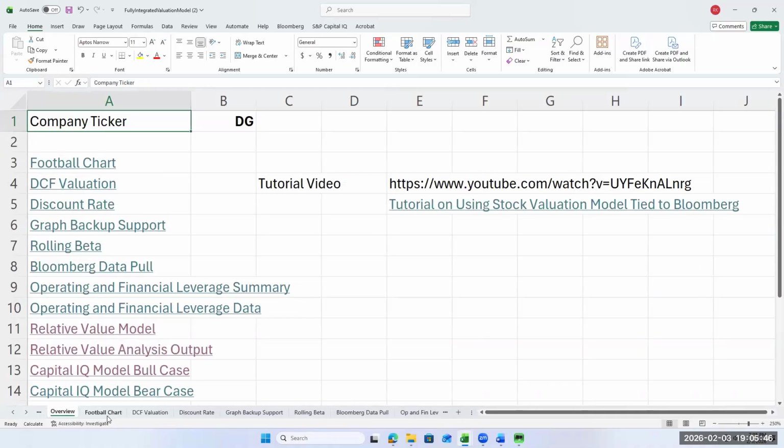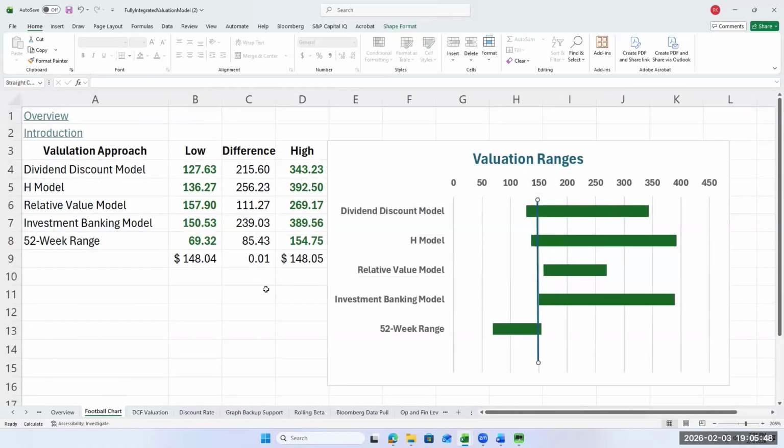This is pretty critical. What you're really after, as fast as you can on your companies, is to try to get these football charts built, because you're trying to make sure the firms you're going to do the pitch on look cheap. All right. So it will probably take you 20, 25 minutes per company. If you have 10 companies, that's going to take you 4 or 5 hours to get them all set up. I'd start working on them now and get those charts set up.